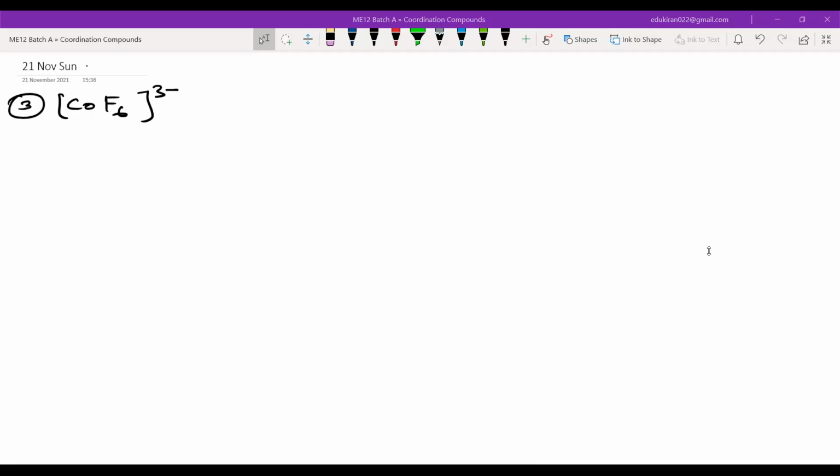Very good. What will be the oxidation state of cobalt? Can you guys calculate and tell me in the chat?